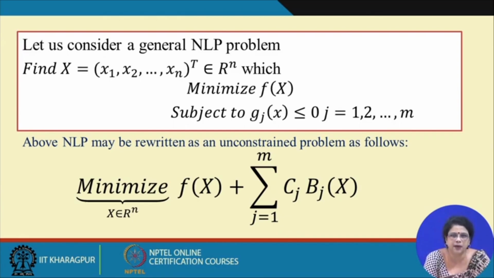As many constraints as we have, that many penalty terms we will have. This is the unconstrained problem, and it can be solved either through the differential calculus approach, by considering the first order necessary condition and second order optimality condition, or we can choose any region elimination technique as well.